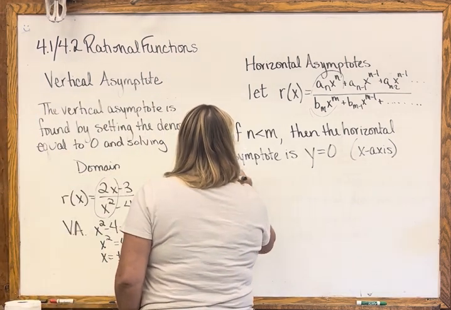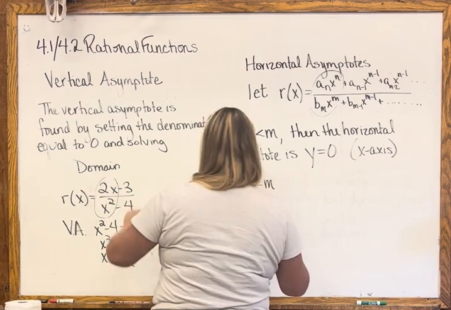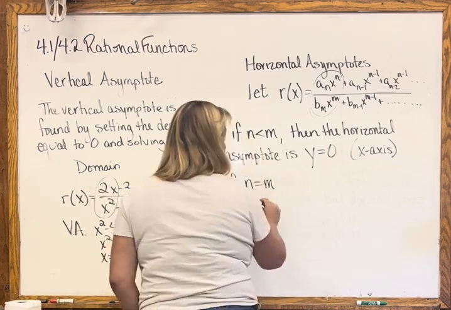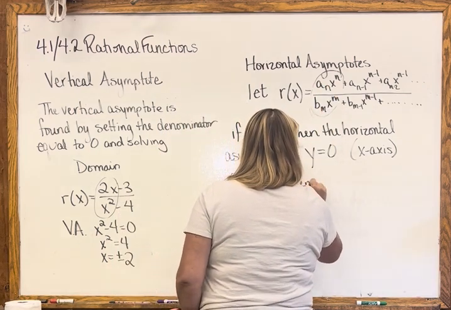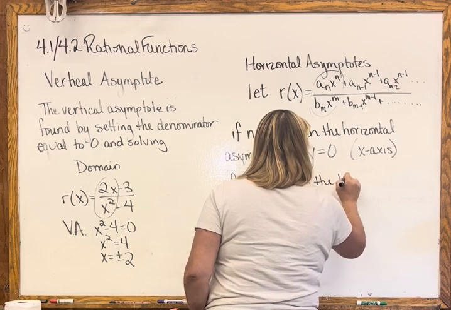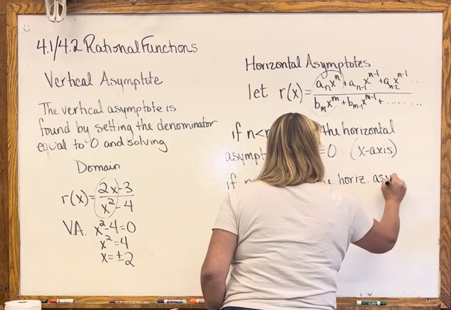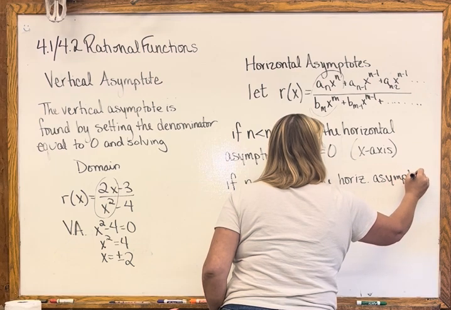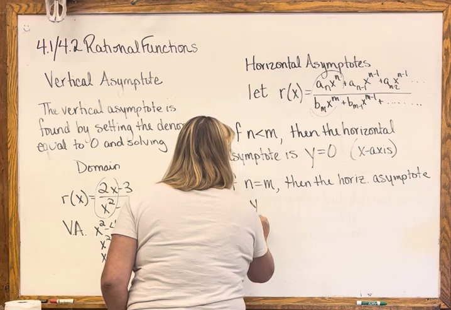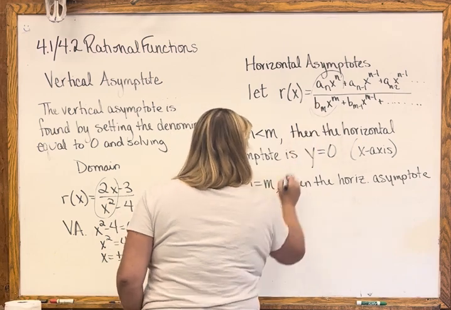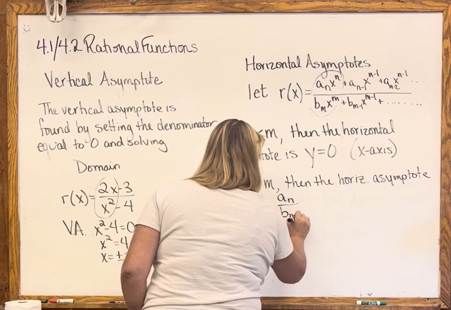Now, if the 2 degrees are equal, so if n equals m, so not our situation, but if n equals m, same, then the horizontal asymptote, which I'm already tired of writing, so I'll write horizontal asymptote like that, is y equals a sub n over b sub m.